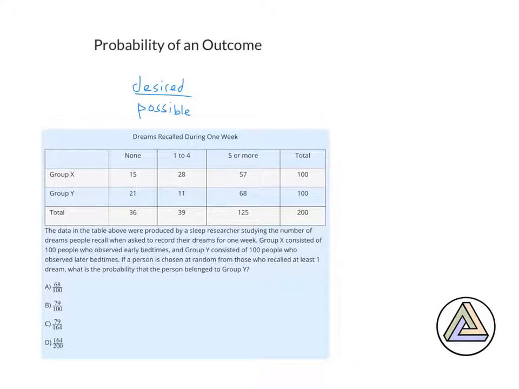If a person is chosen at random from those who recalled at least one dream, that's the population you're pulling from. It's the people who recalled at least one dream. We're not paying attention to these people.